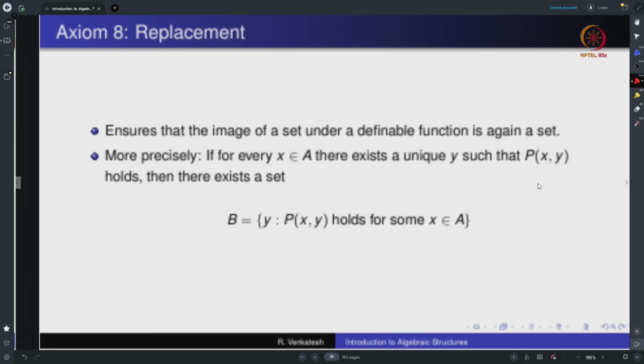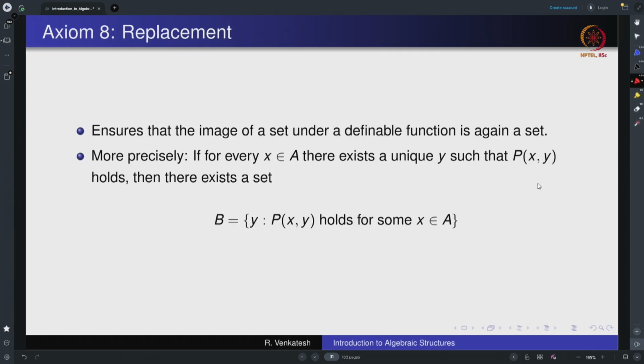The definable functions are the various functions that you will be seeing, for example, those using algebraic formulas or analytic formulas and so on.